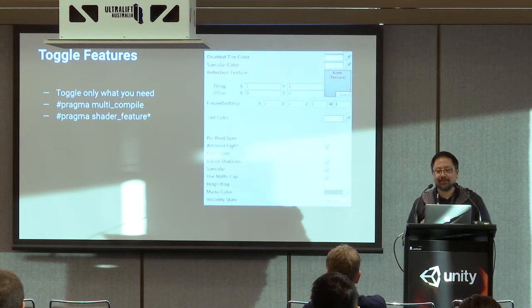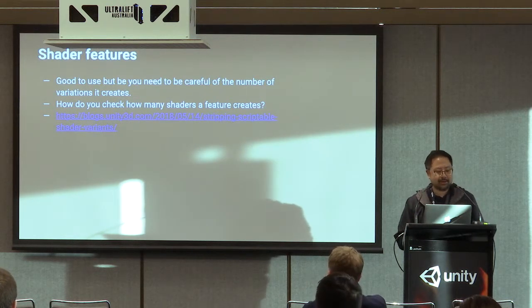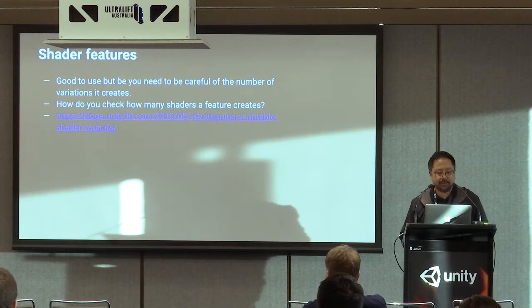The reason why you would use multi-compile is you might set shader keywords in your code. Unity can't detect that you're using this keyword, if you only set it in code, so it will try to strip it out. It's a really good technique to minimize features you don't need, but it creates a lot of variants.